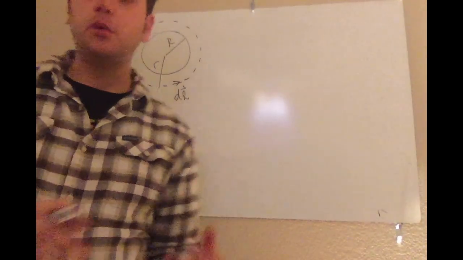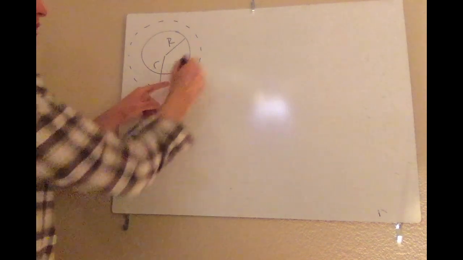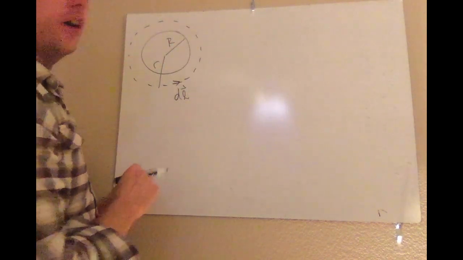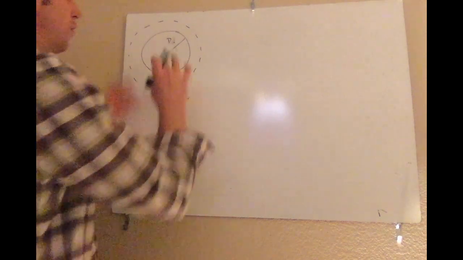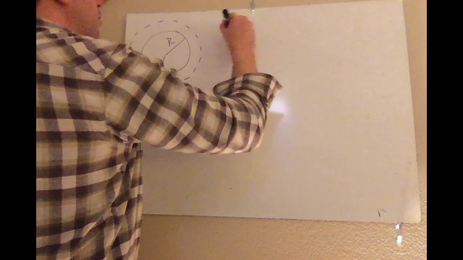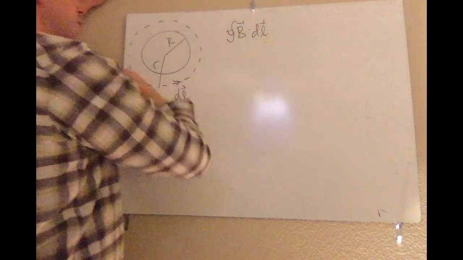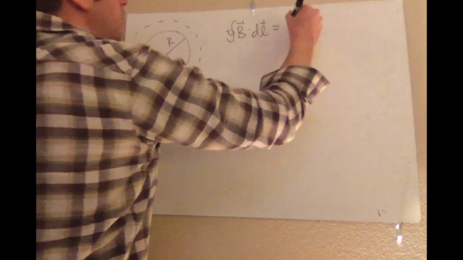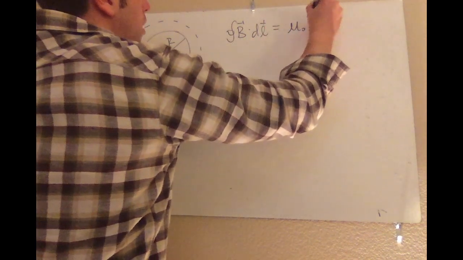Okay, so now to work out what the field looks like when we're outside of the wire, our Amperian loop is a circle with a radius that's bigger than the radius of the wire, as shown here. And when we apply Ampere's law, that's B dot dl integrated over this loop is equal to mu naught times I enclosed by the loop.